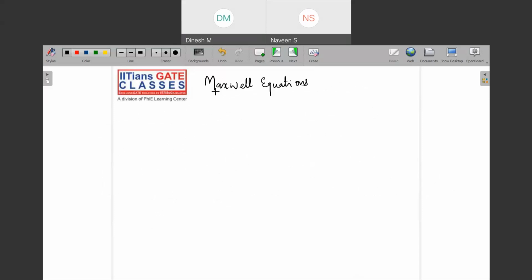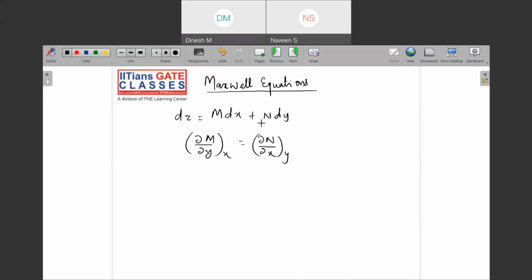So what are these Maxwell equations? One thing very important, we know this from mathematics: if I write dz is equal to m dx plus n dy, then if this is exact, it has to follow this relation: del m by del y when x is constant is equal to del n by del x when y is constant. That is, this is an exact differential equation.